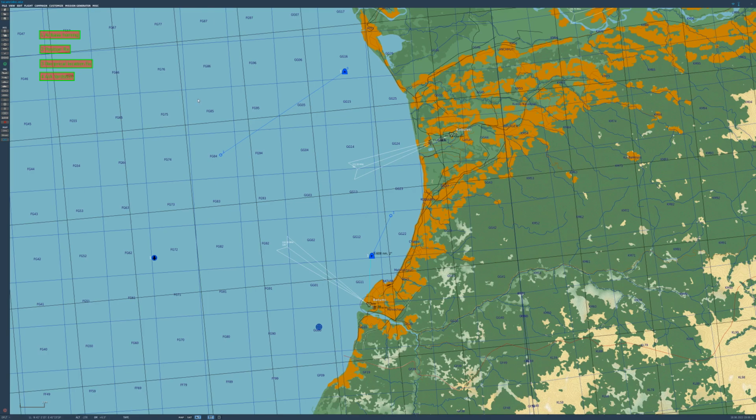A third way of using Tacan to navigate would be to use the position known by the Tacan station to locate a target or an aircraft or something.